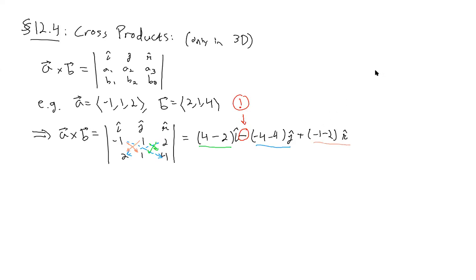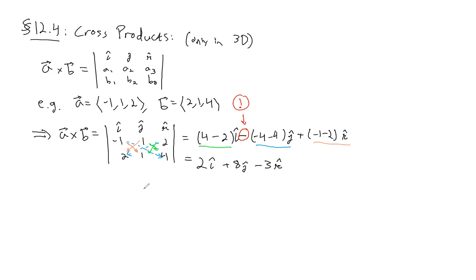I'm trying to color code what we're doing here. Having done all of that, this finally comes out to 2i plus 8j, because it's -4 minus 4 times -1, minus 3k.